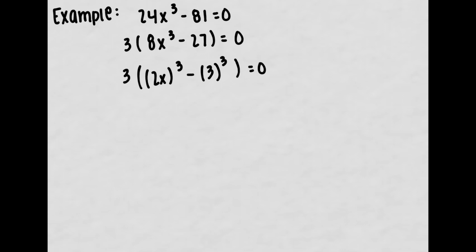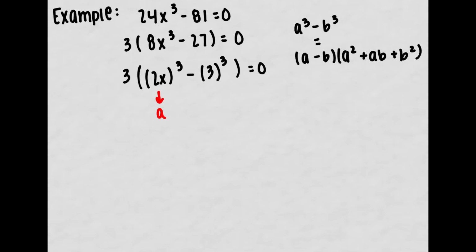So remember your formula for difference of cubes. If you have a cubed minus b cubed, it's equal to a minus b times a squared plus ab plus b squared. And so in this situation, 2x is your a, 3 is your b. So I still have that 3 on the outside all by itself.